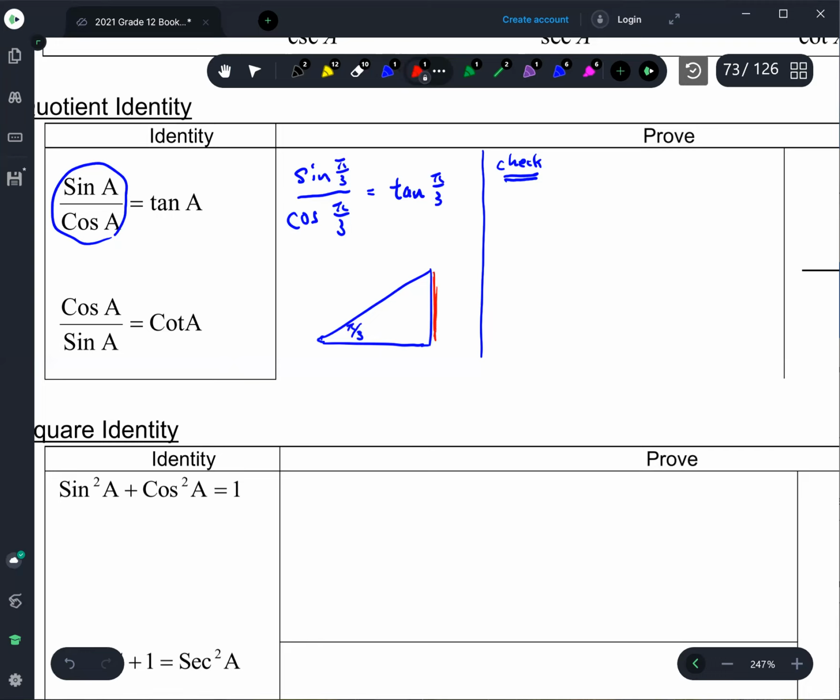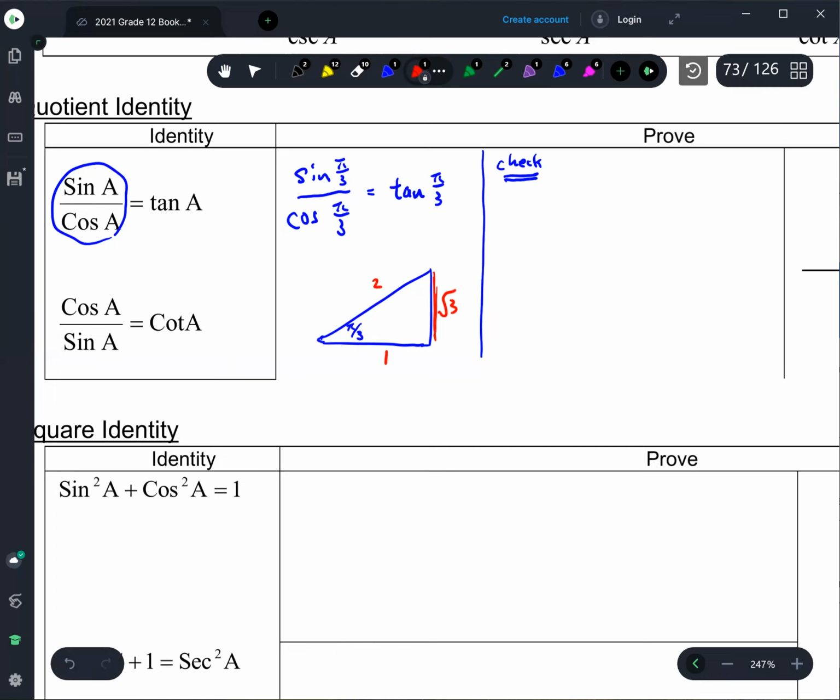Opposite side is this red one. Angela? Sorry, the side, opposite side to pi over 3. Root 3. Yeah, very good. So that one is root 3, so that means the other ones will be 1 and 2.